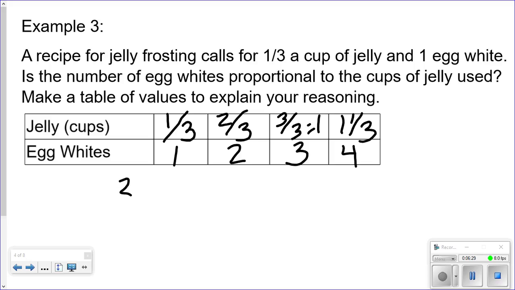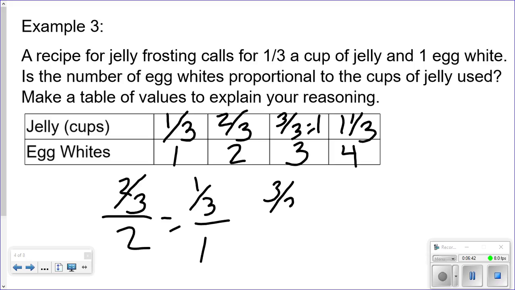So if I was to take 2/3 over 2, 2/3 divided by 2 gives you 1/3 over 1. 3/3 over 3, if I was to divide 3/3 by 3, I would get 1/3 over 1.